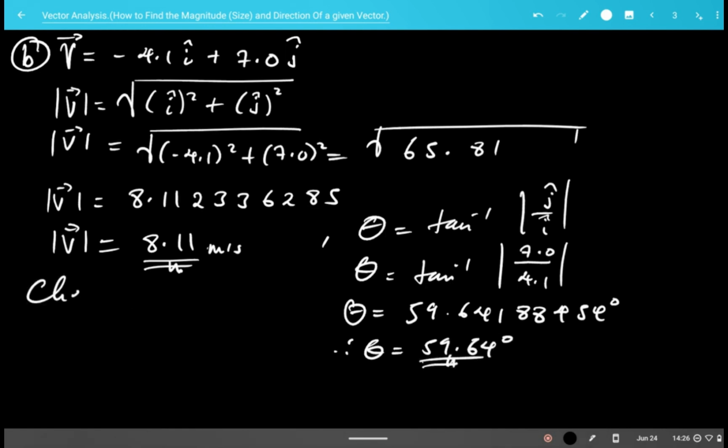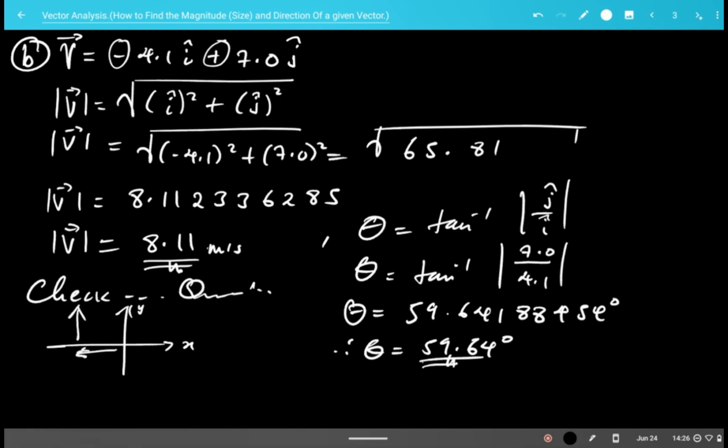Now, you have to check the quadrant. By checking the quadrant, you will draw your x-y plane, then check the directions of the i and j components. The i component is negative, while the j component is positive. So you're moving in the negative x, then moving in a positive y, which means that your angle is here in the second quadrant.